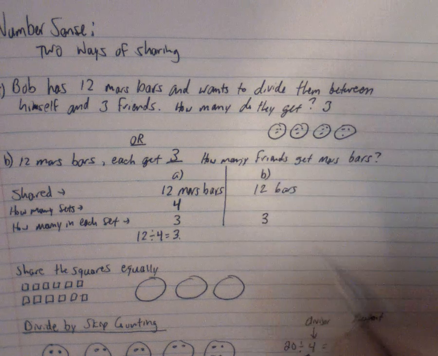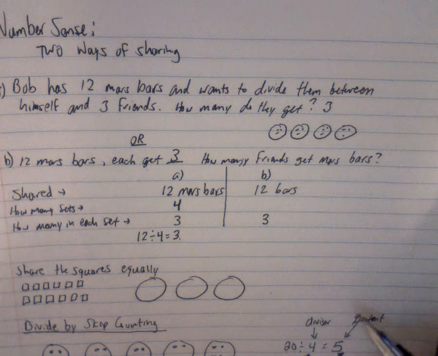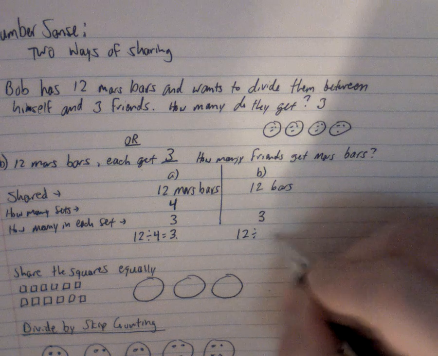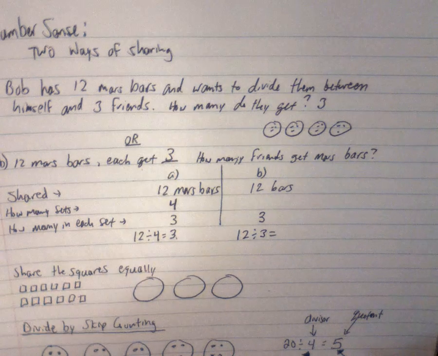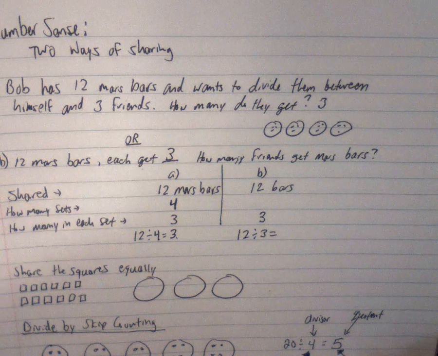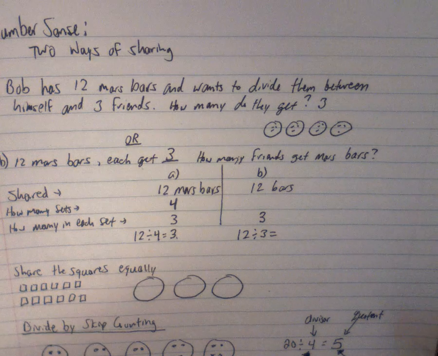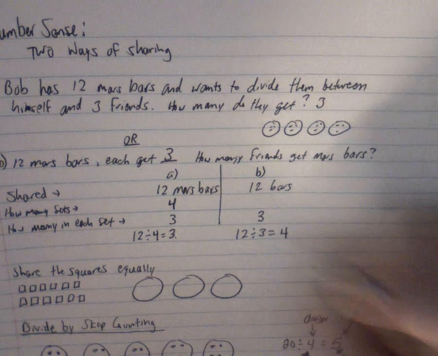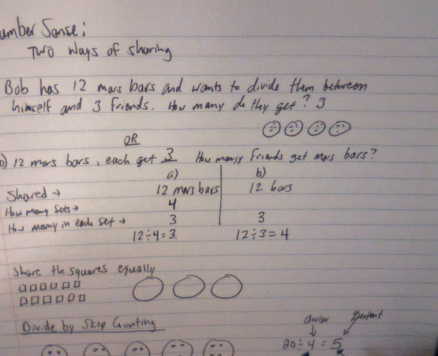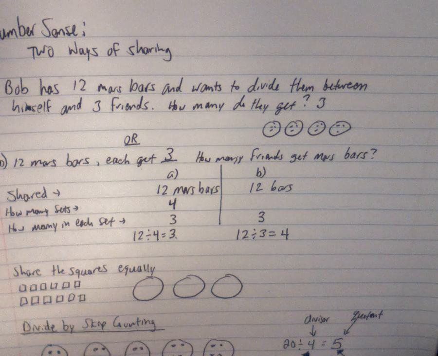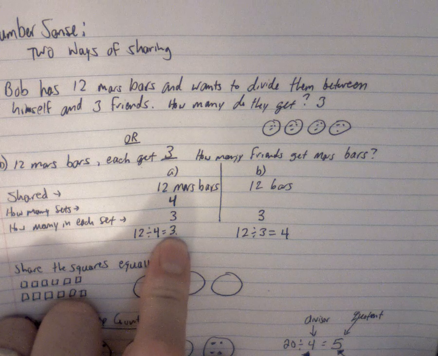Well, we saw 3. So how many sets are there? Well, if we do 12 divided by 3, we can skip count up by 3 again. 3, 6, 9, 12. 4 fingers up, my answer is 4. This one, what I would do is I would skip count by 4. I apologize. So 4, 8, 12. I have 3 fingers up, my answer would be 3.